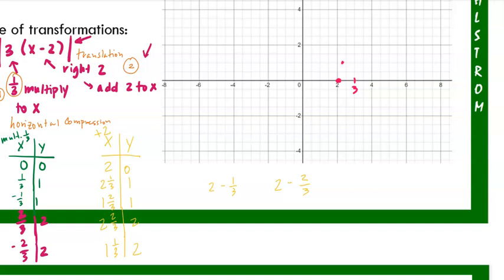And then 1 and 2/3 right here, somewhere there. And then 2 and 2/3, 2, somewhere there. Okay, a little bit closer.